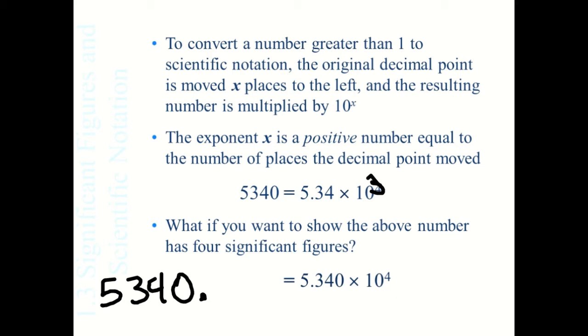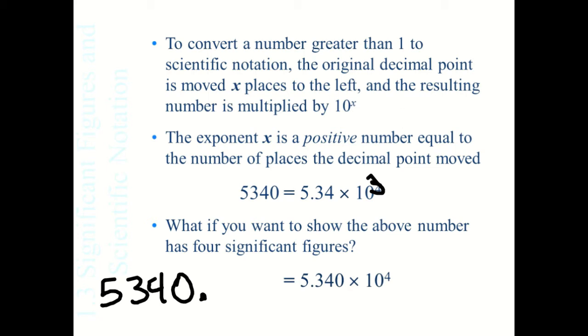How many significant figures are in the number now? 4. So when I write the scientific notation, I have to include all of the significant digits. So instead of writing 5.34, I need to write 5.340.